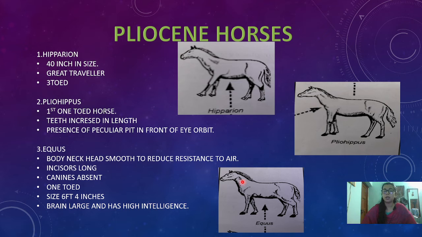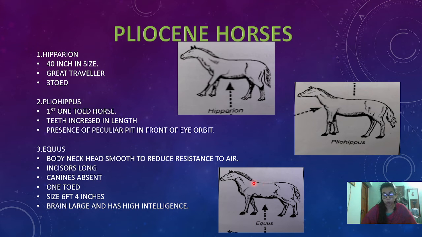Why do their incisors become long? Because they are herbivorous, that is, they mainly feed on grasses, their incisor teeth are long, and canine teeth are absent, because canine teeth are mostly found in animals which feed on flesh. As they feed mainly on grasses and are herbivorous, their incisors are long and canines are totally absent.